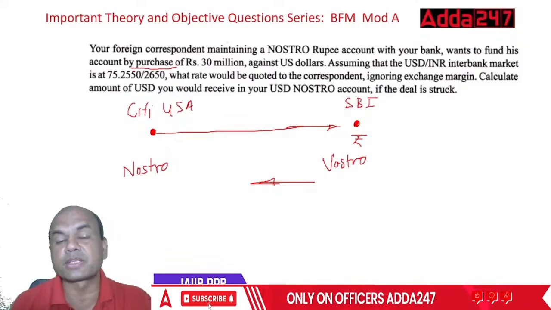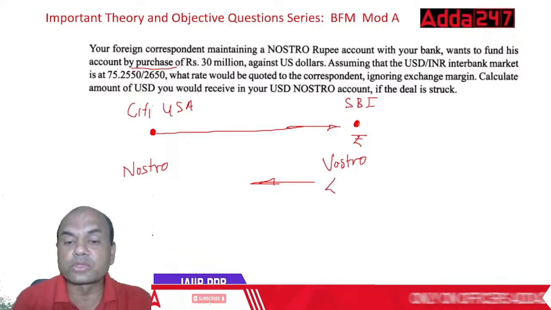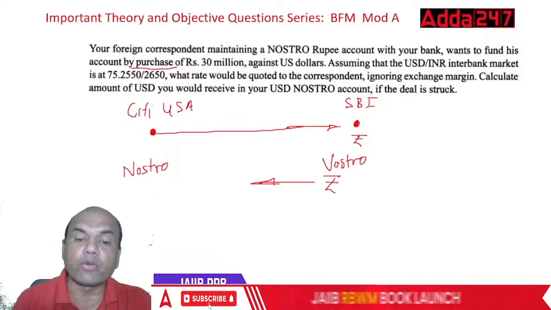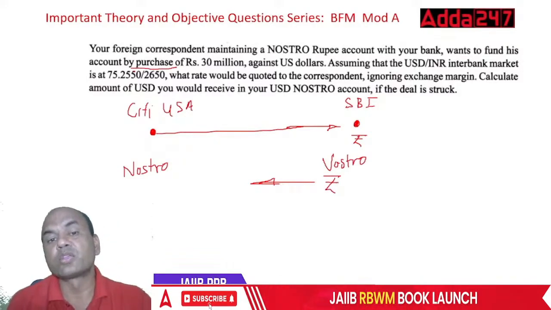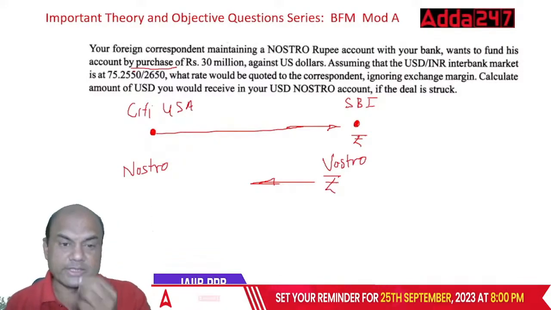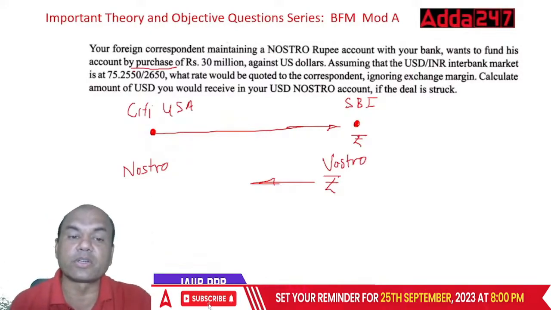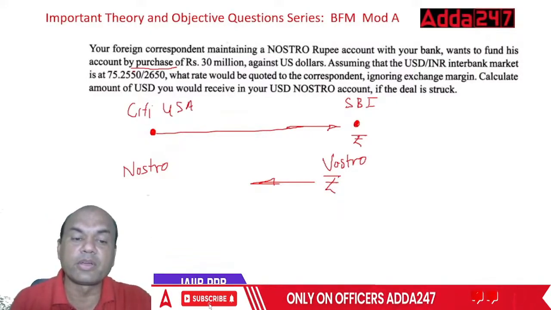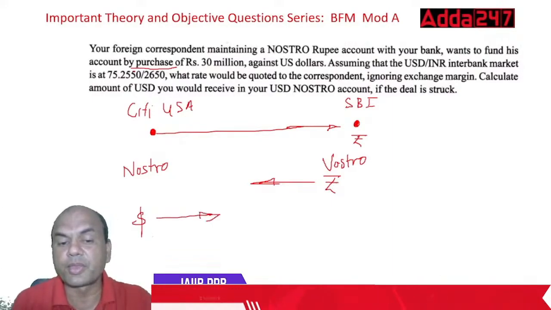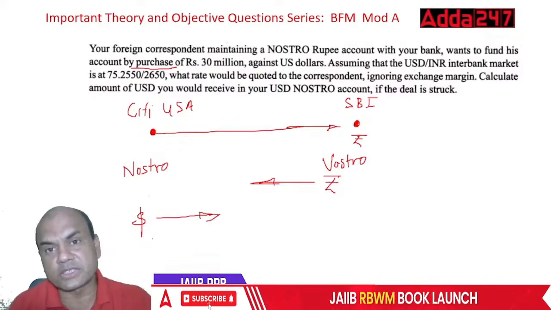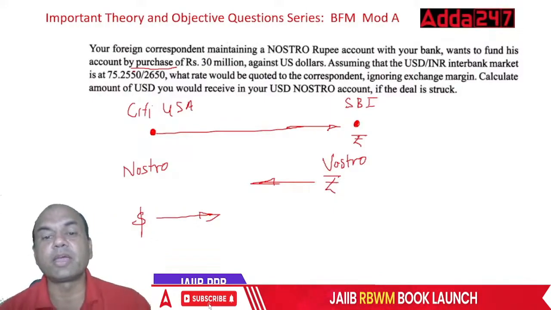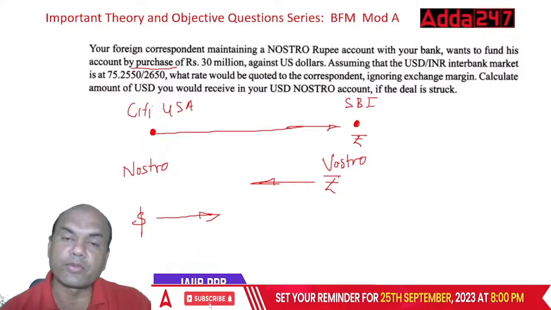Citibank is purchasing, so rupee will go to Citibank. Citibank wants the rupees. Since it is in the USA, it will have dollars. So Citibank will give dollar and receive rupee. Logic is clear?